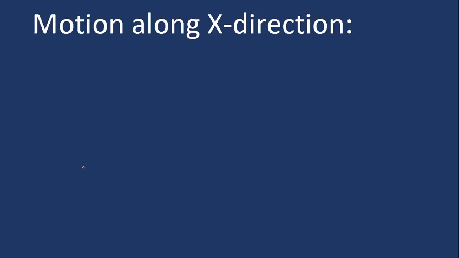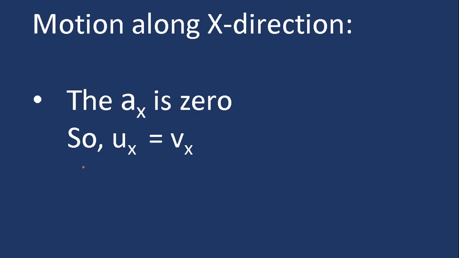Let's look at the x direction motion. What are the forces acting on an object in the horizontal direction? We know that no force acts in the horizontal direction. We ignore air resistance, and therefore the acceleration in the horizontal direction, ax, is equal to 0. That would imply the horizontal velocity, initial as well as final, would remain the same.